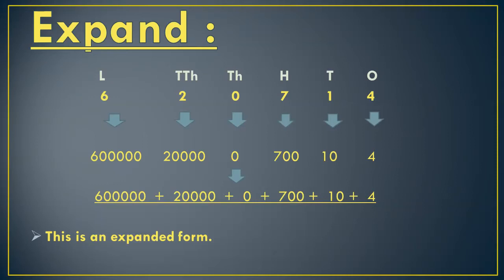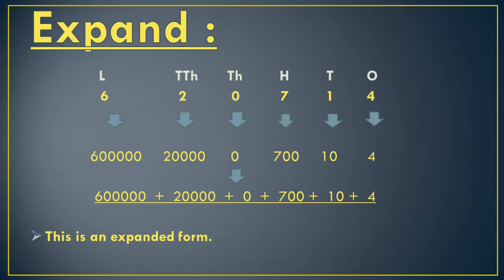The place value of 2, which is in the 10,000 place, is 2 into 10,000, that is 20,000, and I need to add the place values. So I write the addition symbol.